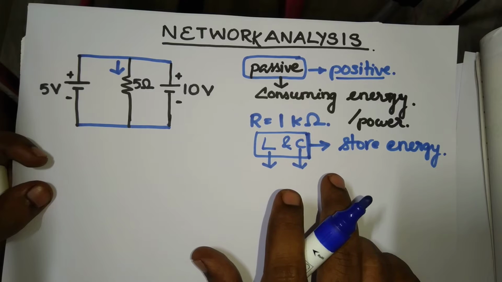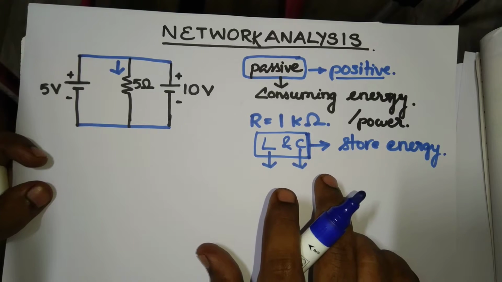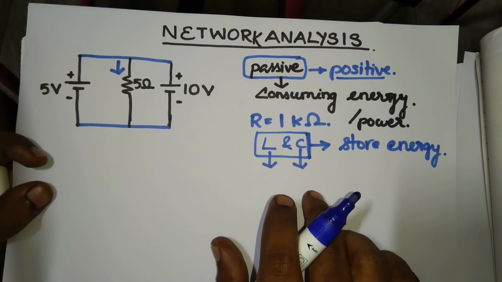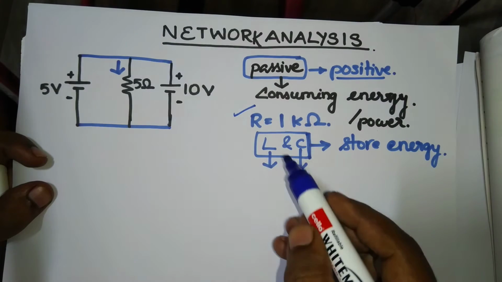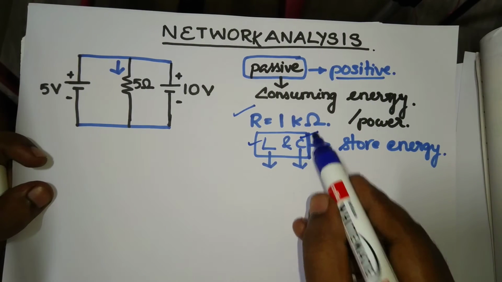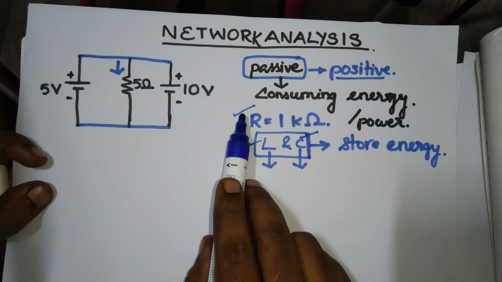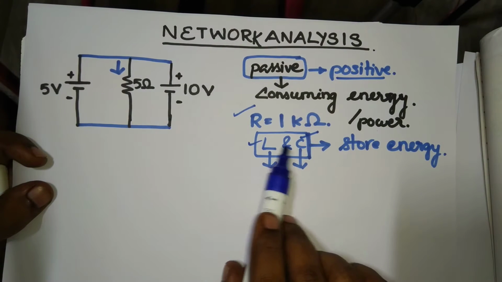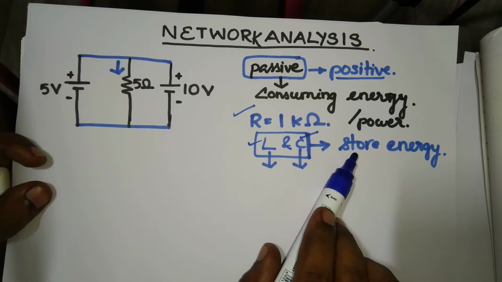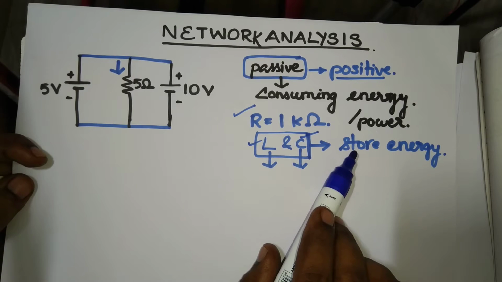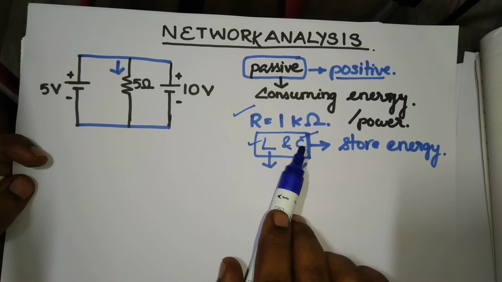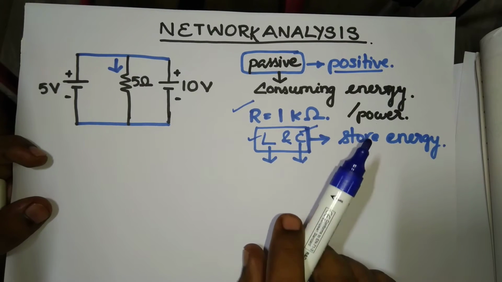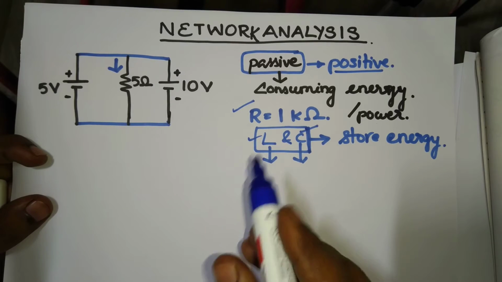We have many more lectures queuing up, and we will unlock many more things. For now we know very well that R, L and C are all passive components. R cannot store any energy; L and C can store energy, and this is possible only in the presence of active sources, either a current source or a voltage source. In the absence of a current or voltage source, hardly can L and C store any energy. This point should be noted down. This is very, very important.